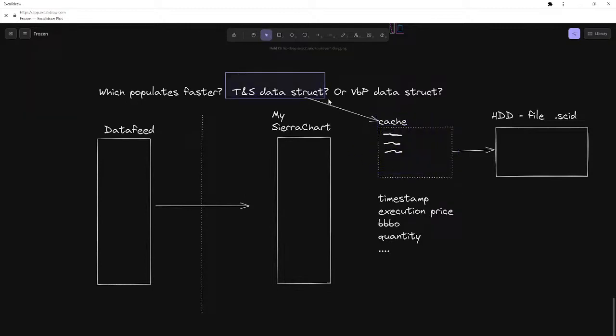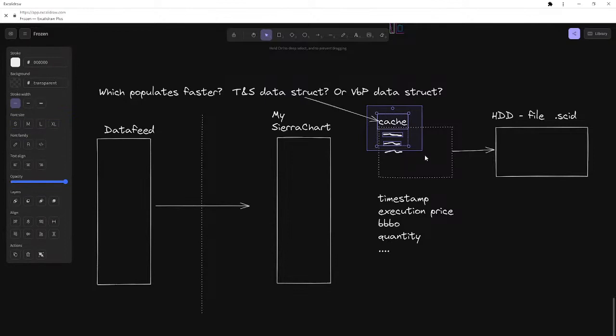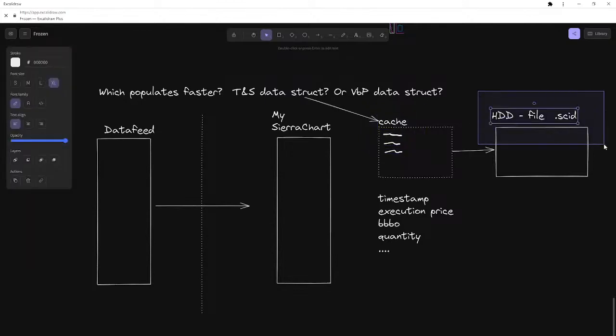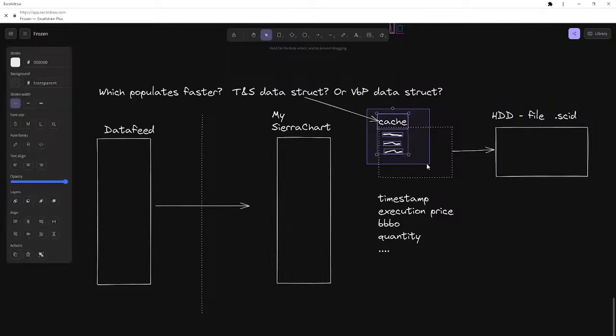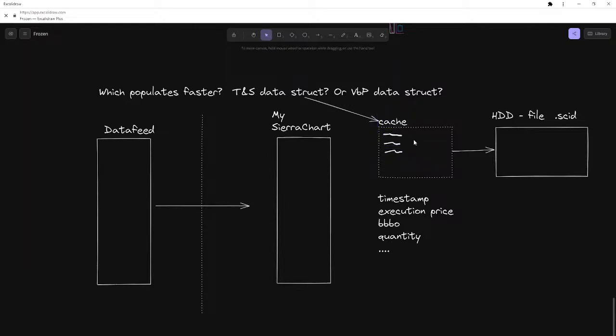This data has a limit to the number of elements available in it, and it's a queue that gets bumped after a certain number of elements have populated it, as is this, but not this. So that's why I think the time and sales structure is basically a reference directly into the cache. I'm making assumptions here. I don't actually know how the internal wiring is working.